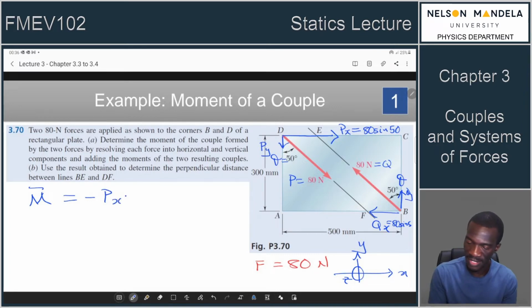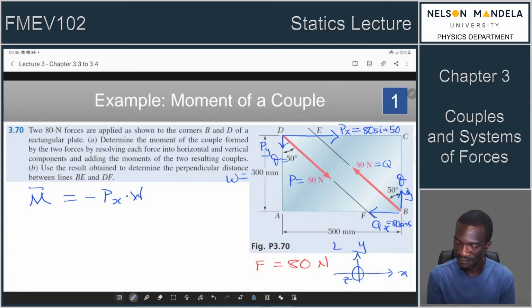That would be the distance between the couple, which is now the Px and the Qx couple, right? So that Px distance is 300. Let's call this one the width. Let's call this one the length. So multiplied by the width, and this is in the minus k, right?